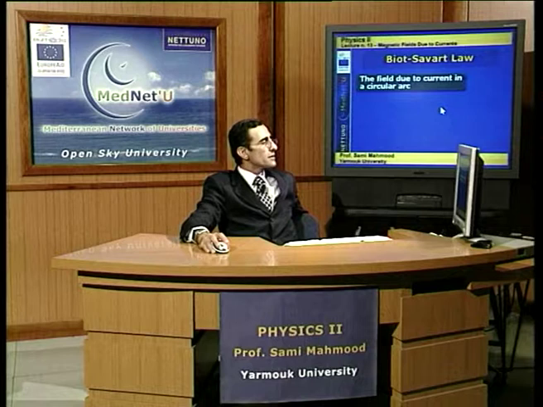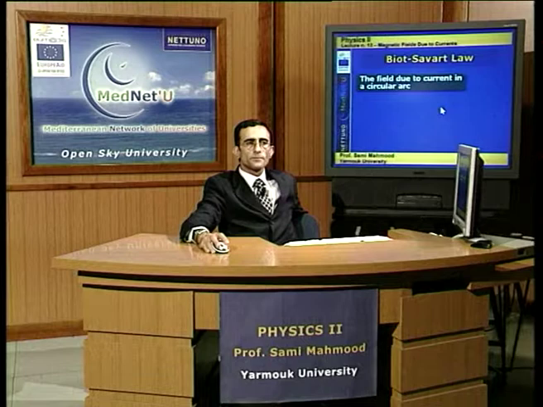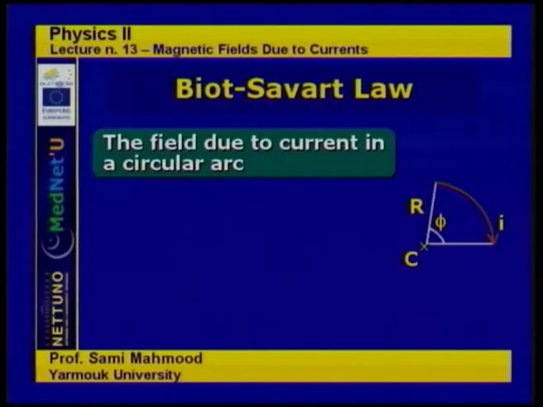Now, the field due to current in a circular arc can be calculated easily because of the geometry of the arc. Consider an arc, as shown in this figure, that carries current I, and we are interested in finding the magnetic field at the point C, where point C is the center of the circle from which the arc is cut.